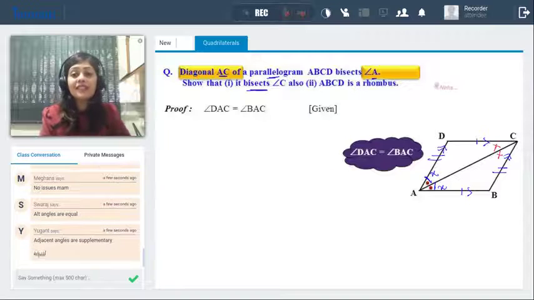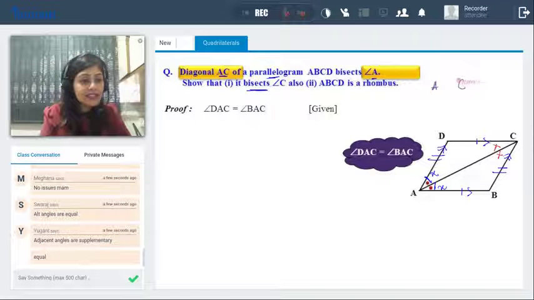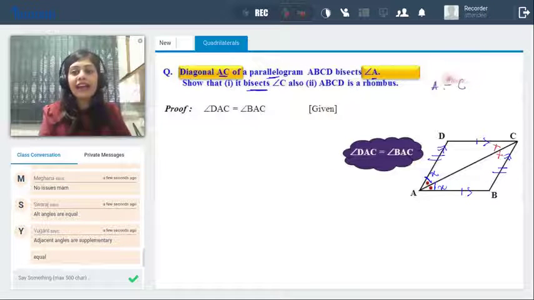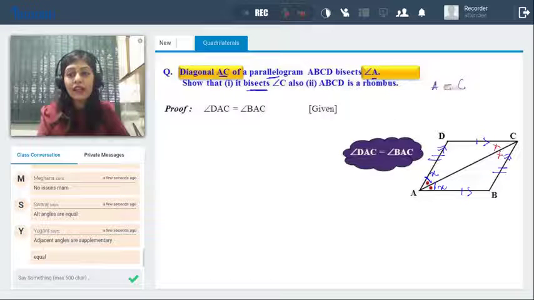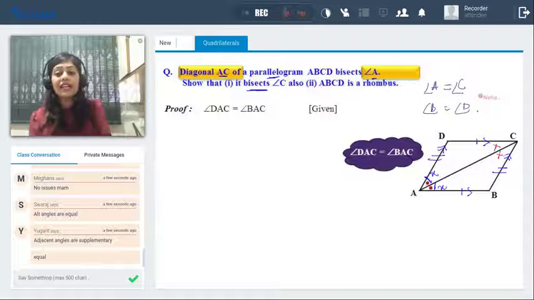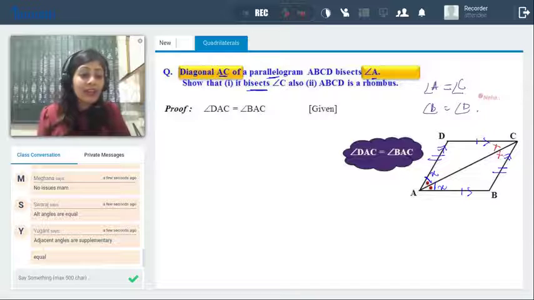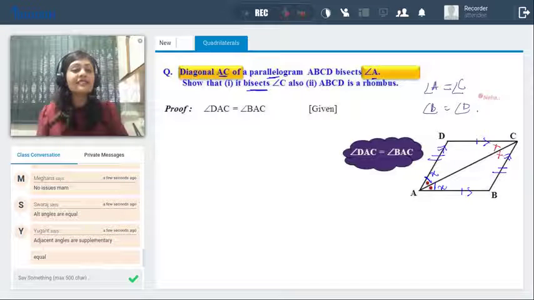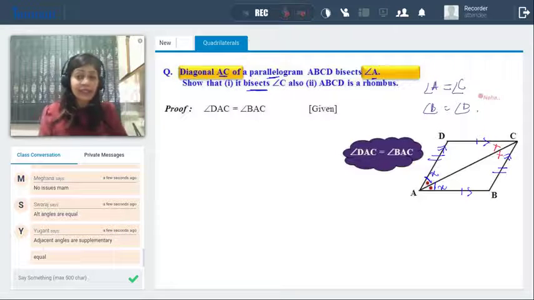That means students, opposite angles of a parallelogram are equal. That means angle A and angle C are equal, and angle B and angle D are equal. All angles are not equal. All angles are equal only in a rectangle and a square, where all angles are equal and 90 degrees. We already know that.